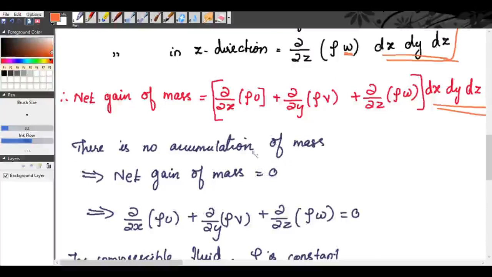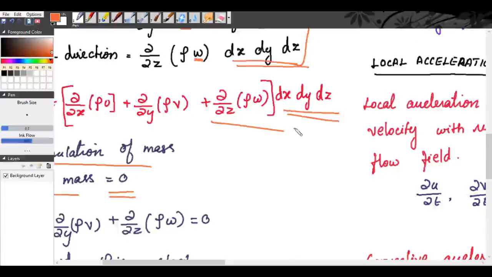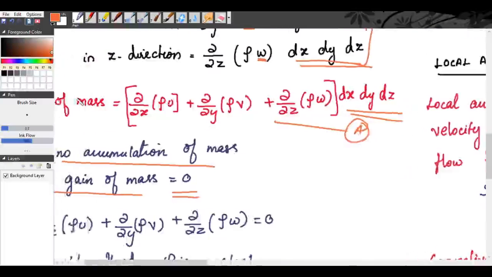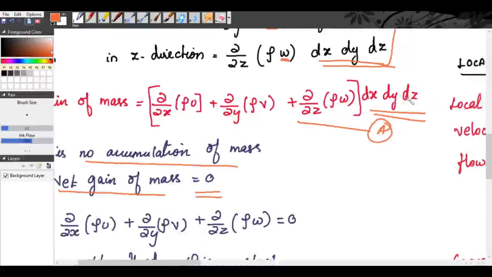So if net gain of mass is equal to 0, this equation becomes 0.